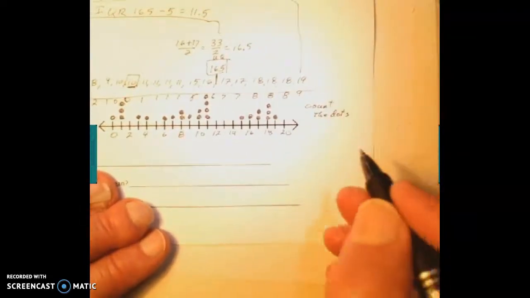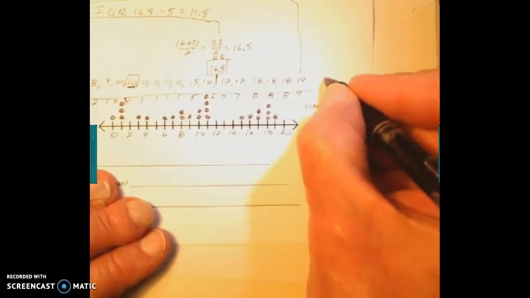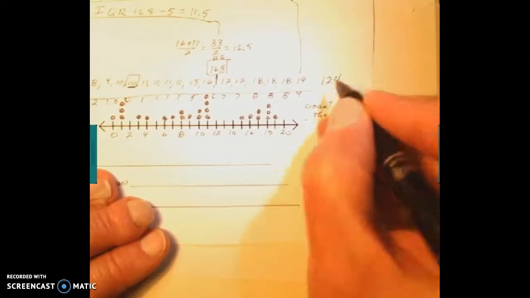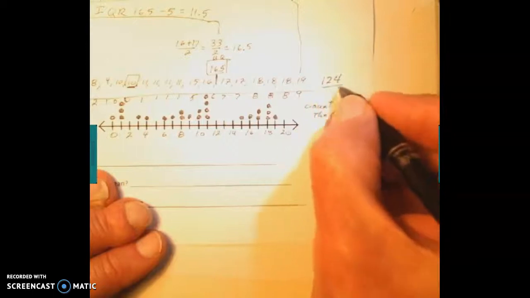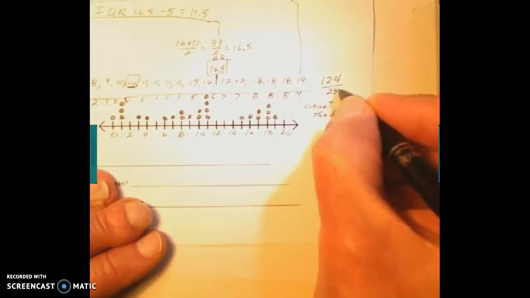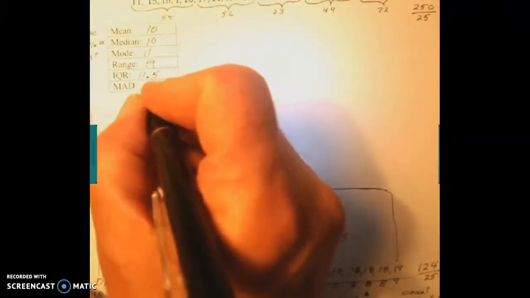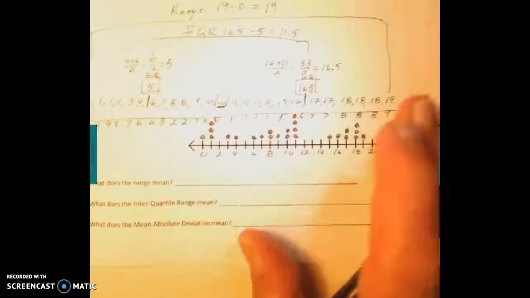I already did it off screen. It comes out to be 124 when you add all of these numbers together, and then divide by 25. And again, off screen, the calculator tells me it is 4.96.